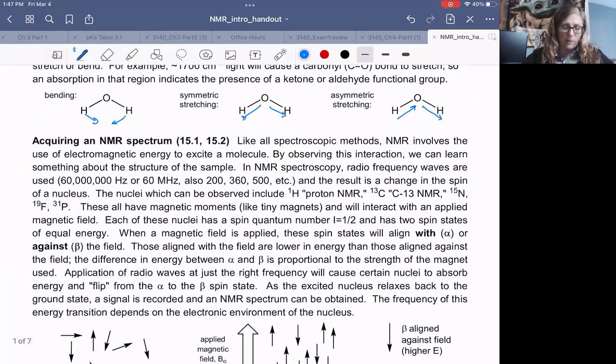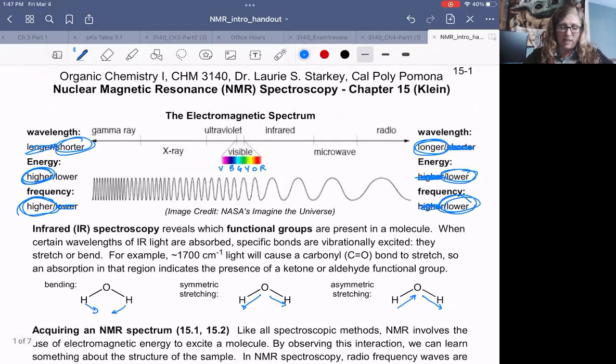Okay, so what do we do with NMR spectroscopy instead? Now, instead of using infrared light, and by the way, UV-vis spectroscopy is a huge area of analytical techniques, and that's using these regions of light.